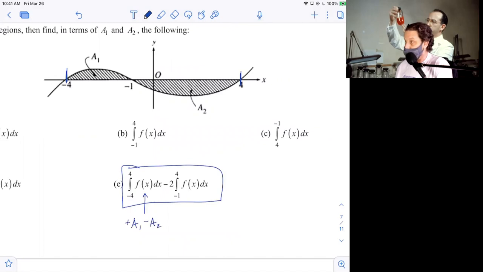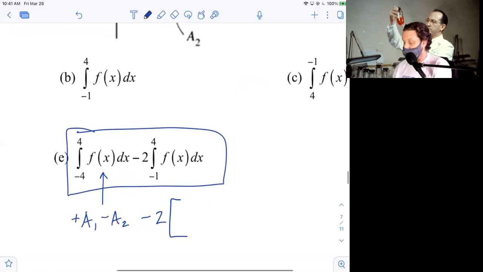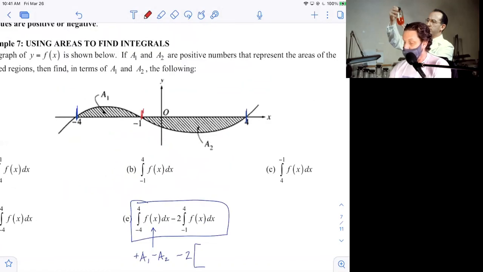A sub 1 minus a sub 2. You think that's going to end up being a positive or a negative number based upon the size of those areas? Probably negative, right? He's losing more. He's going to come out behind. All right. And then we have -2 times, I'm going to put a bracket here. What is the integral from -1 to 4? Well, -1 to 4.